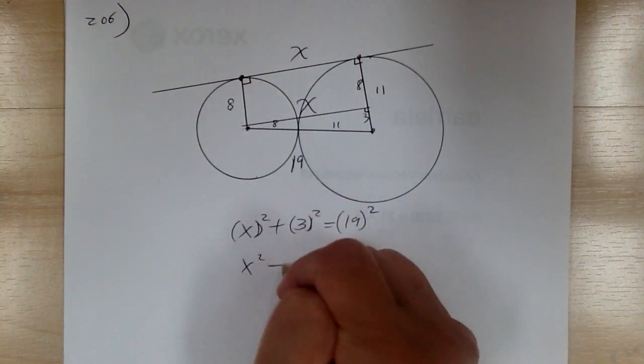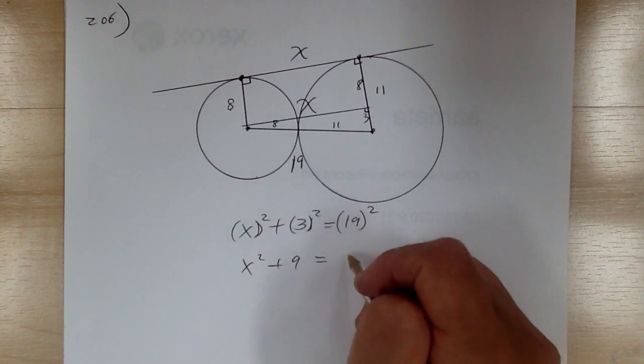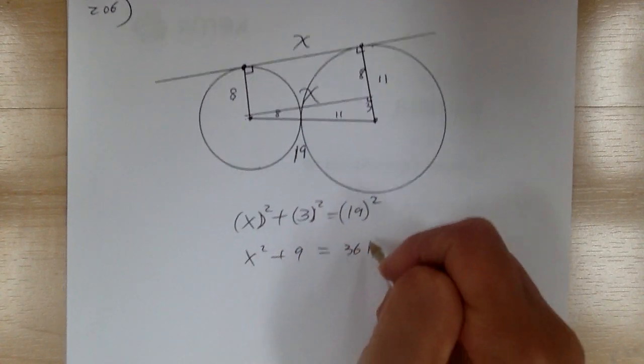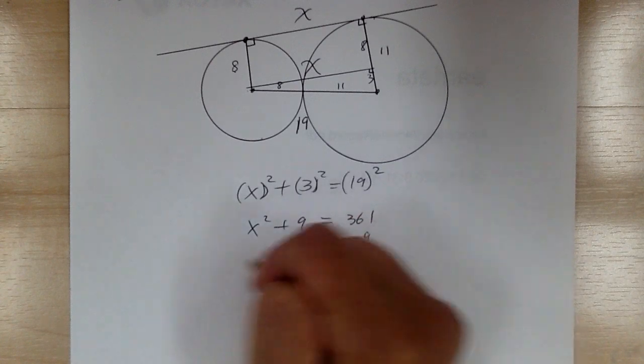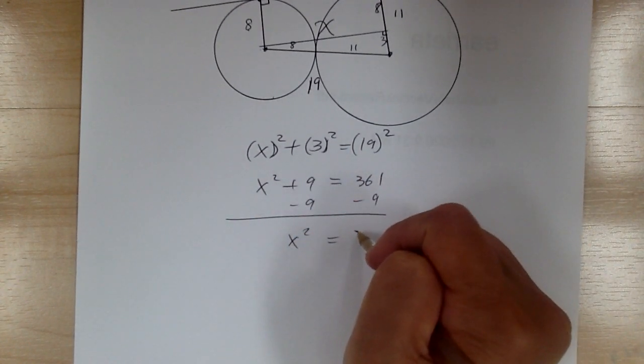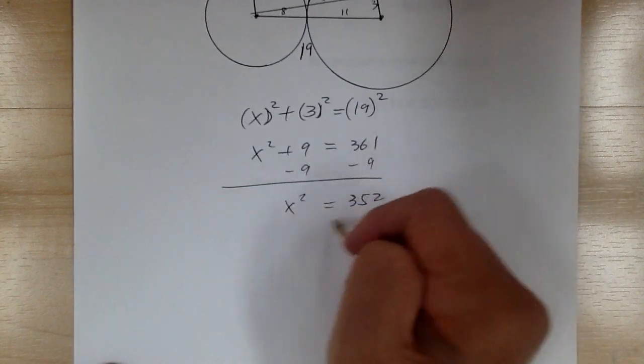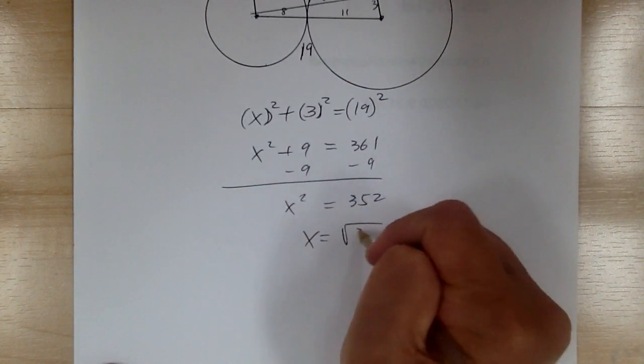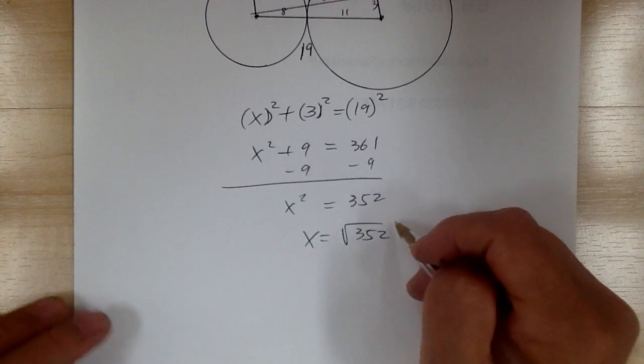So go and work it out. This will give you 361 minus 9 on both sides, so x squared equals 352. Take the square root, so x equals the square root of 352. Now you have to simplify that.